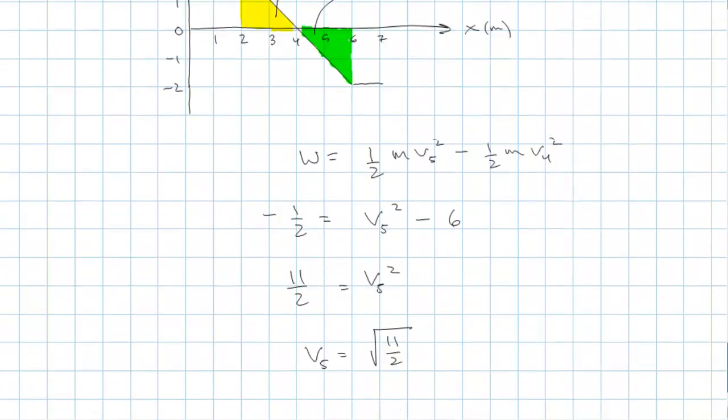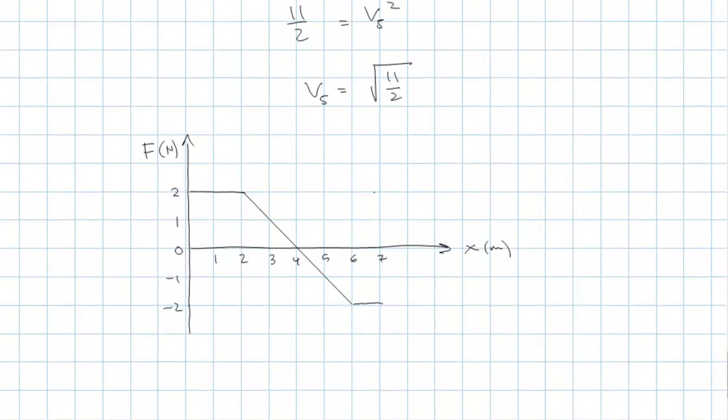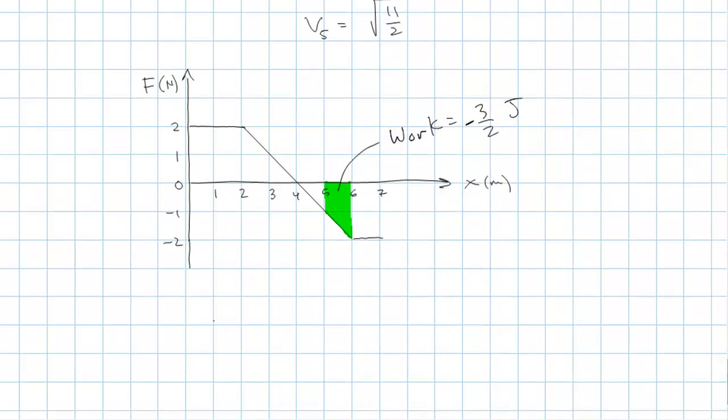So let's just go ahead and see what we get. Going from 5 to 6, negative 3/2 of a joule. So what do we end up with?